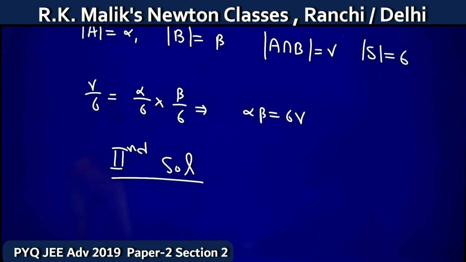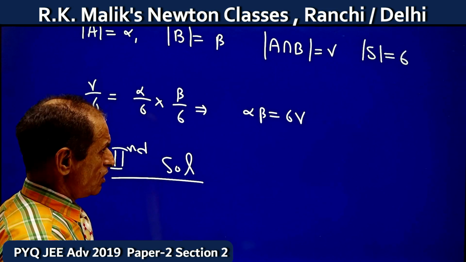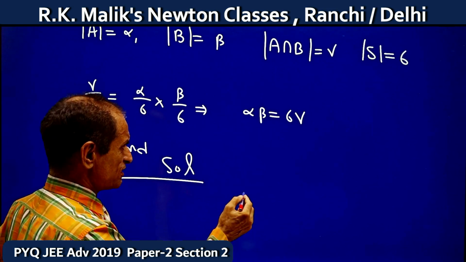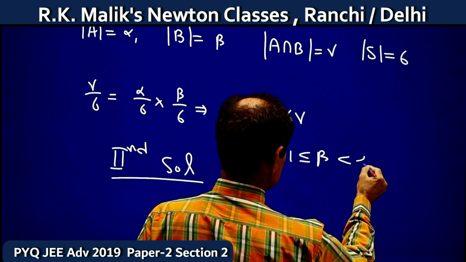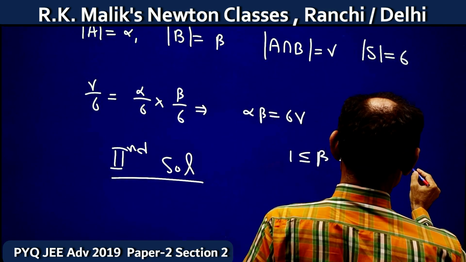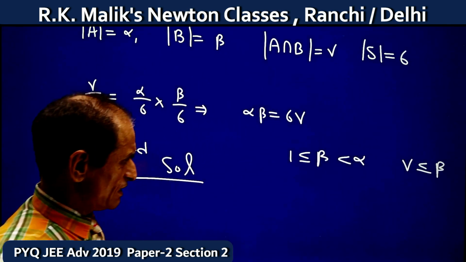Now I will take the values of beta and find the corresponding values of alpha and gamma such that all the conditions are satisfied. All the conditions means this condition and this condition are satisfied.